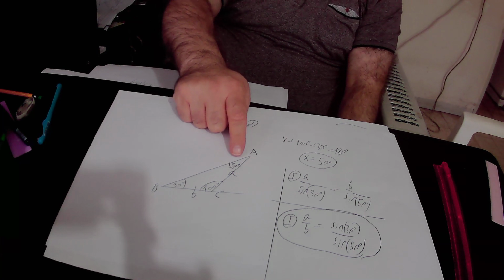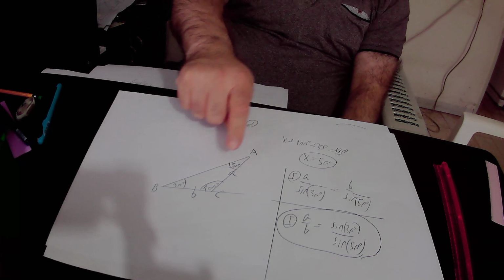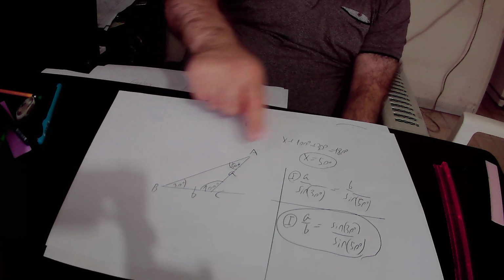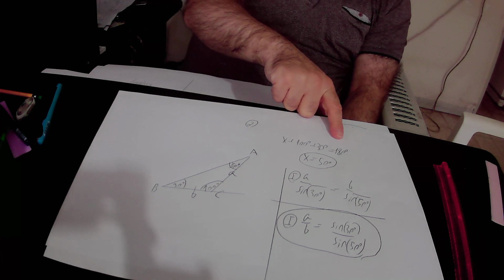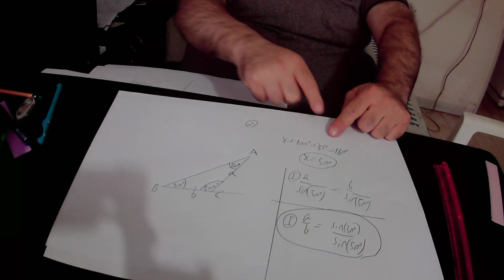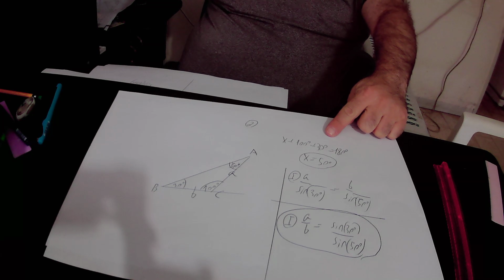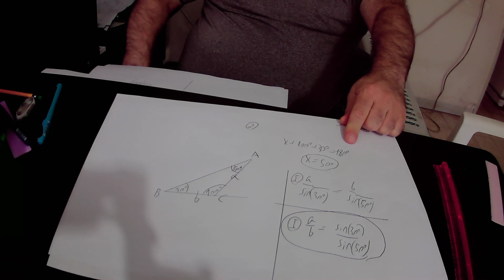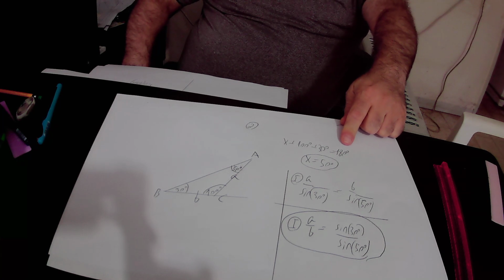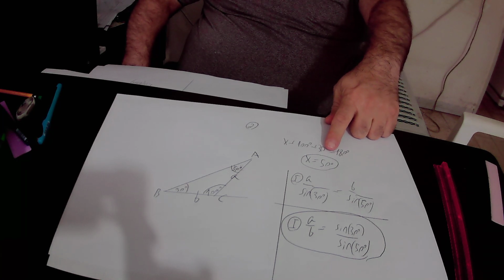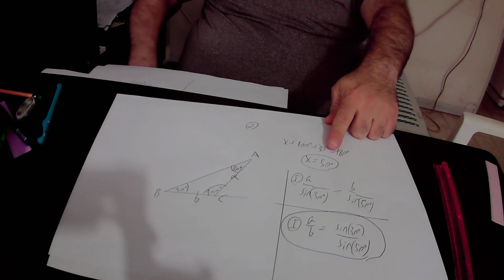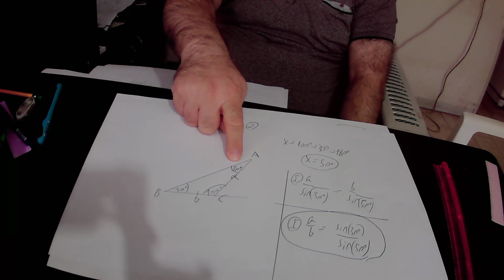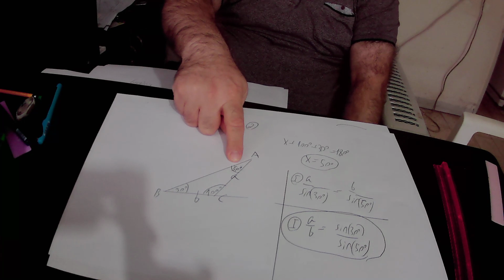That is to say, angle X plus 100 degrees plus 30 degrees must be equal to 180 degrees. We subtracted 130 degrees from this equation, and we got that X equals 180 degrees minus 130 degrees, which is 50 degrees. So angle X equals 50 degrees. This angle equals 50 degrees, angle BAC equals 50 degrees.